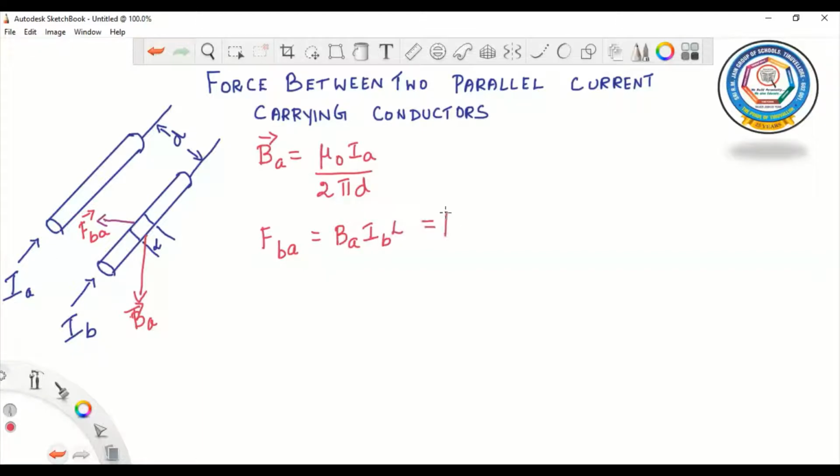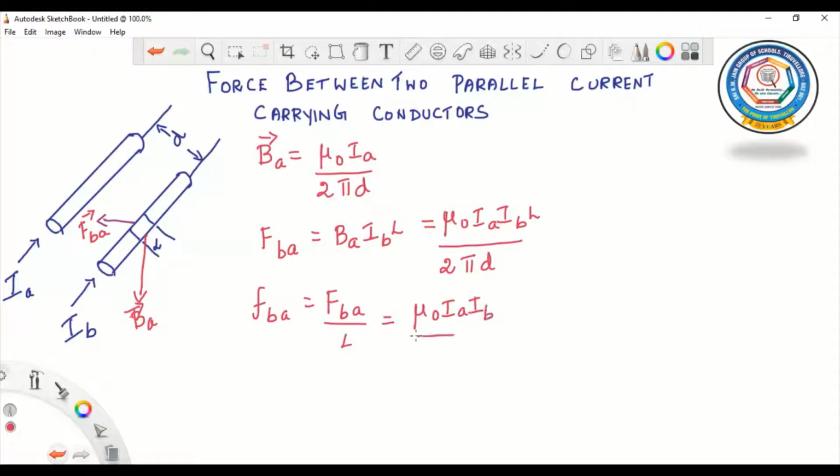So we can write FBA is equal to mu naught IA IB L divided by 2 pi d. Now let us write the force per unit length. Force per unit length is FBA divided by L, so you will get mu naught IA IB divided by 2 pi d.